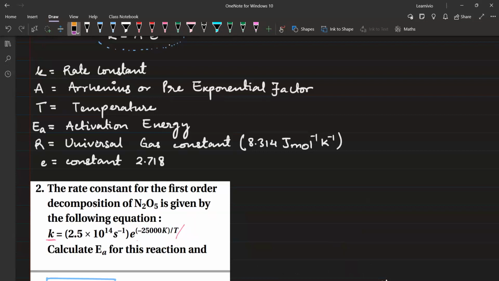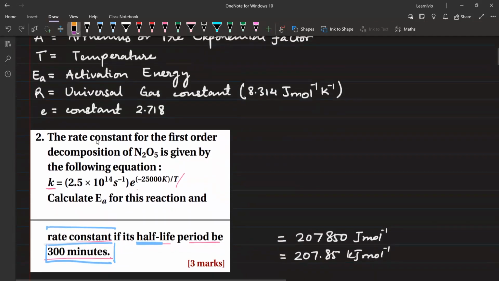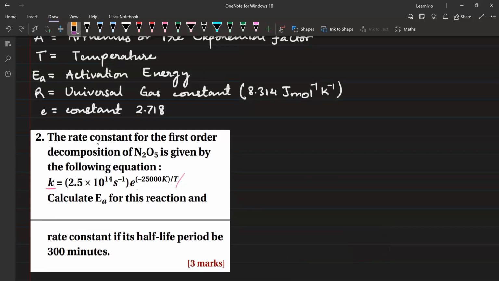And then write this question. Try this question. Write this down.